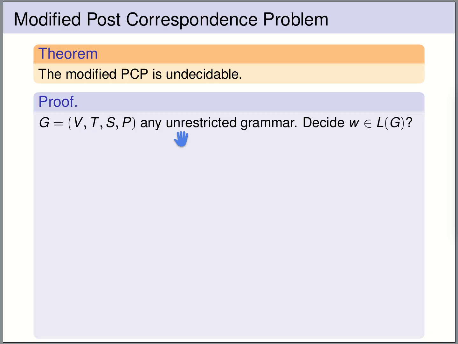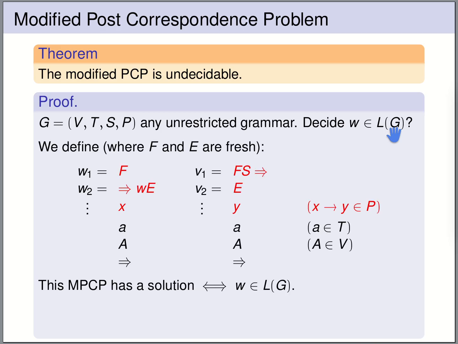And we are going to show that if the modified PCP would be decidable, then also membership in this unrestricted grammar G would be decidable. So how are we going to decide whether the word W is in the language generated by G? We are going to define a modified post-correspondence problem in such a way that this modified PCP has a solution if and only if the word W is in the language generated by our grammar G.